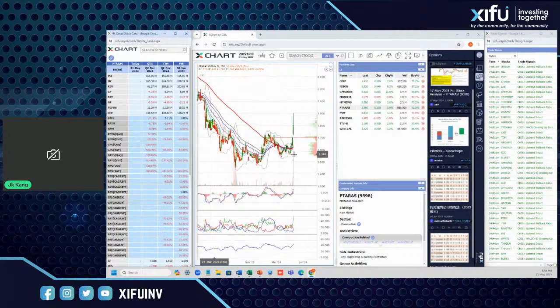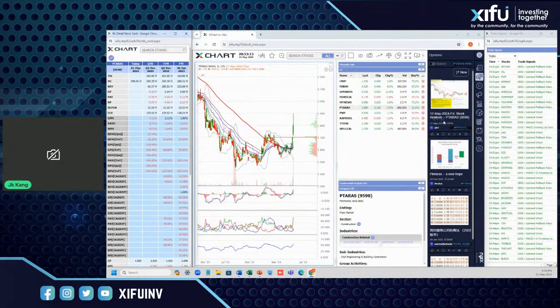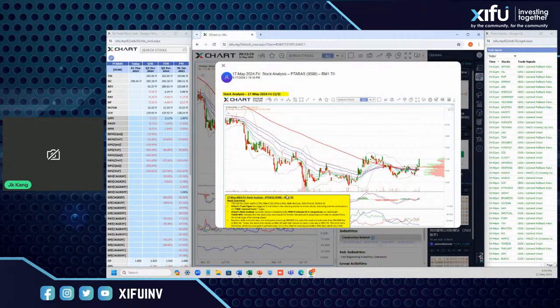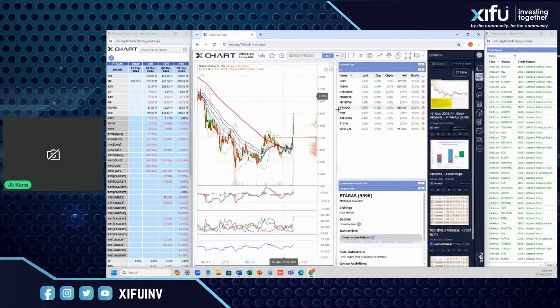So likewise, like this Pitaras, you look at it here, on May 17 we made that study, 170, expected it to come up because it's just right above the SMA 200 line.